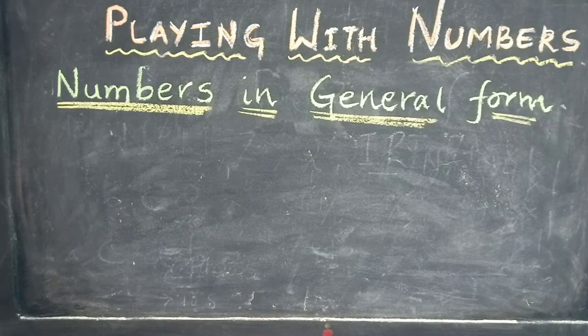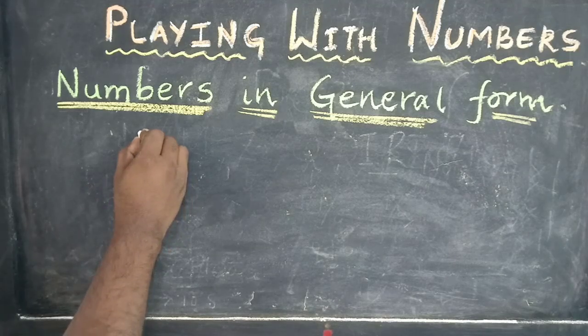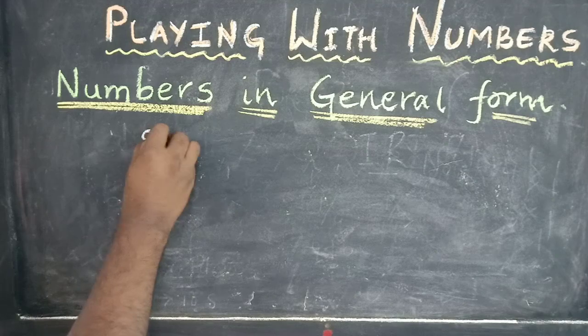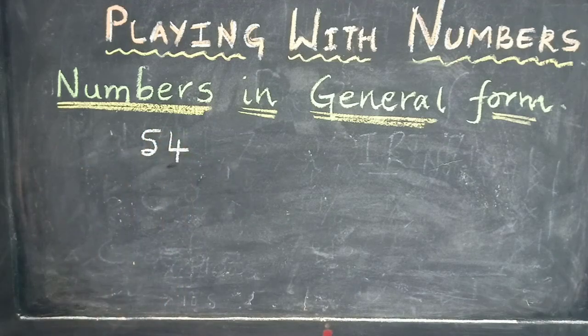Friends, the first topic we are going to learn is expressing numbers in general form. This is very simple, you have already learnt it in the previous class. Let me take an example. Let us consider the number 54.